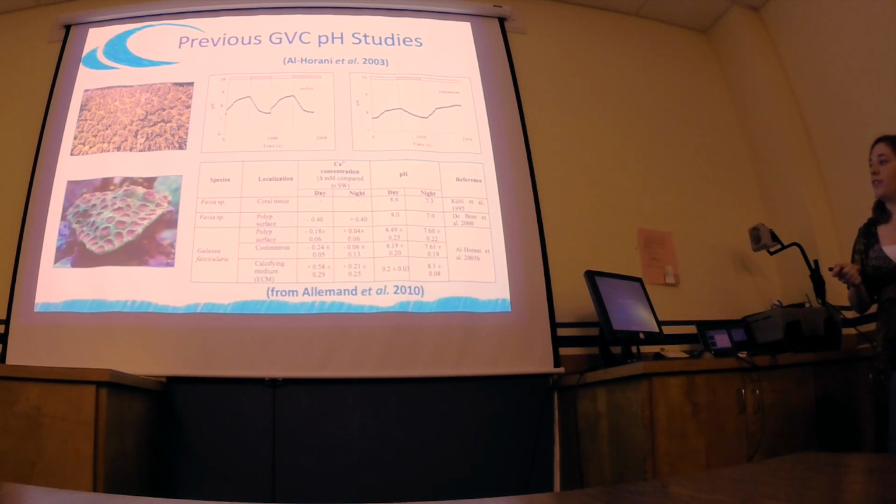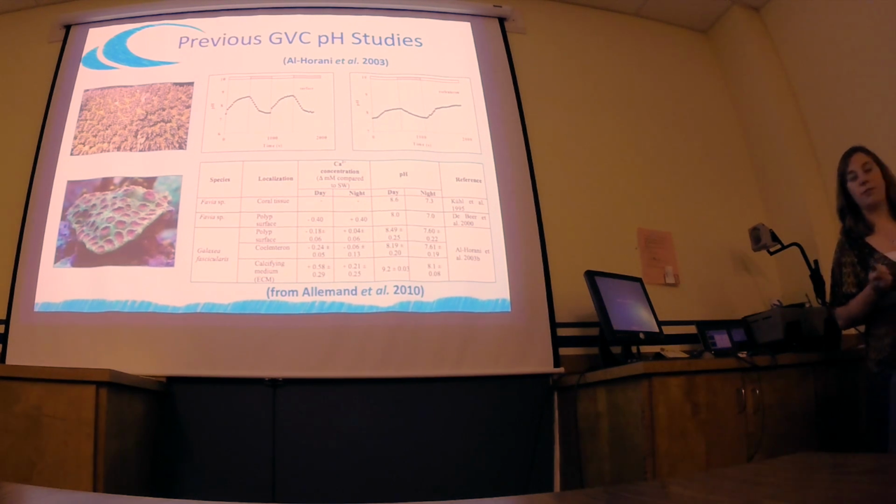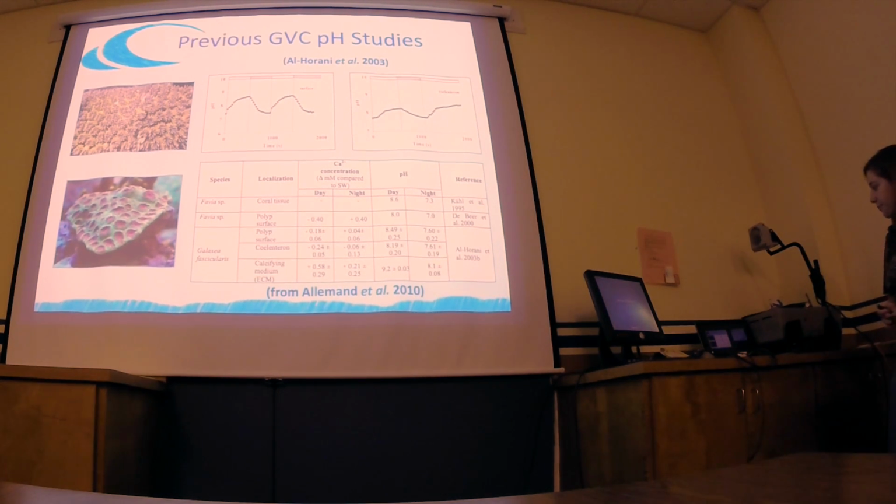And from what we see of these studies that have been compiled together in this review, in the light the pH is significantly higher than our seawater pH, while in the dark we see that it is decreasing. In the dark we're seeing pHs from about 7 to 8.1, and in the light we're seeing from about 8 to 9.2, regardless of species.